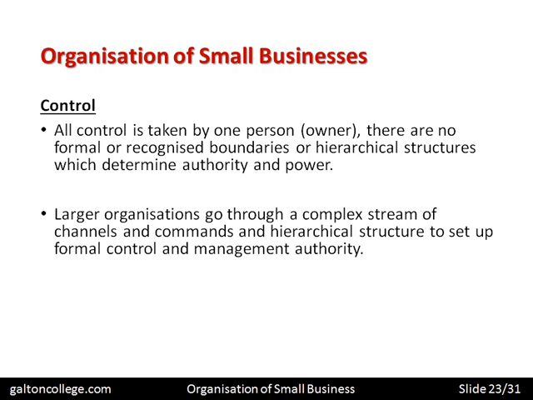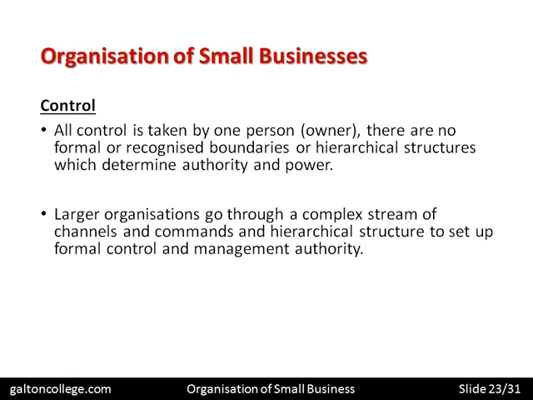Larger organizations go through a complex stream of channels and commands and hierarchical structure to set up formal control and management authority. We can imagine larger organizations who have to disseminate information by email or by poster on the company notice board, or have regular meetings with staff.